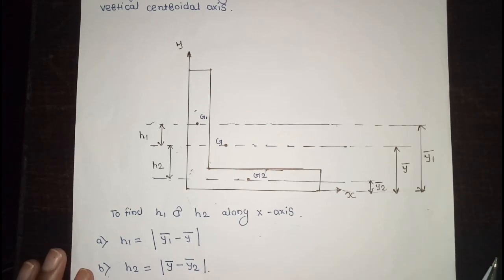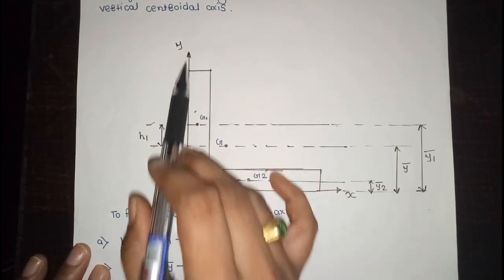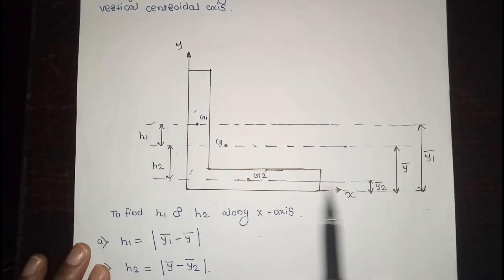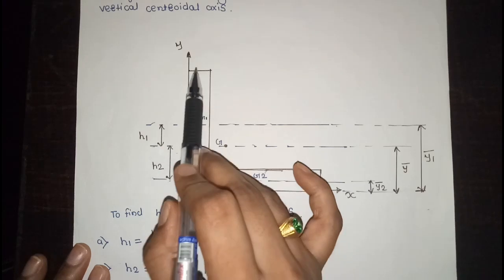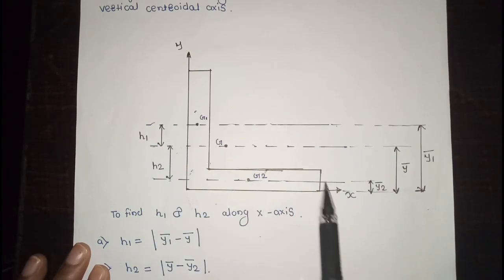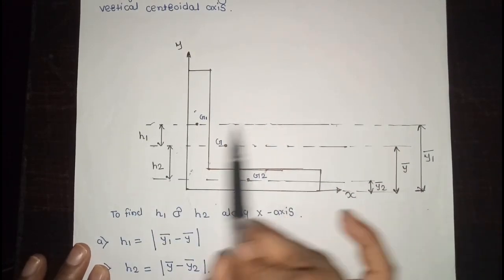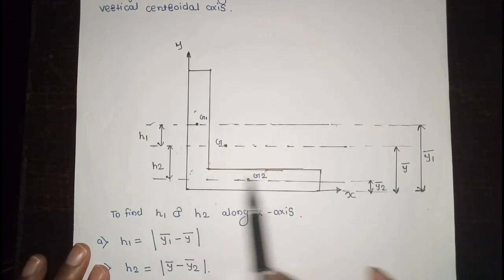So first of all, we have to calculate moment of inertia about x-axis. Firstly, draw the x and y reference axis. Then locate the L section in first quadrant, then draw the horizontal lines for the L section.